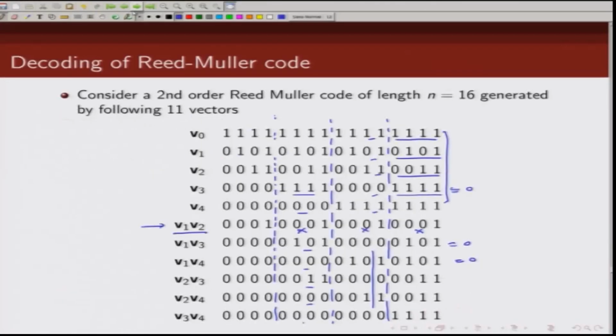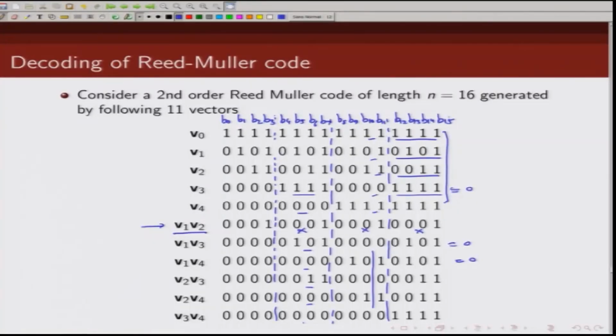So, this is B0, B1, B2, B3, this is B4, B5, B6, B7, this is B8, B9, B10, B11, this is B12, B13, B14, B15.